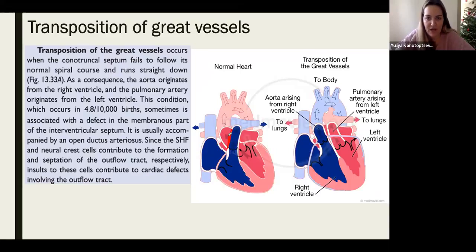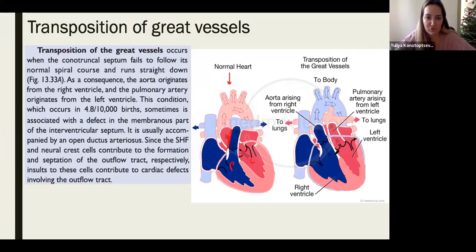We have the aortic outflow coming from the left ventricle, and we have the pulmonary outflow coming from the right ventricle. So this is a normal heart, right? Because that's how it should be. When the two endocardial cushions fuse together, they create this particular spiral appearance. In the transposition of the great vessels, do you see there is no spiraling? It's a straight septum. It doesn't have a spiral.